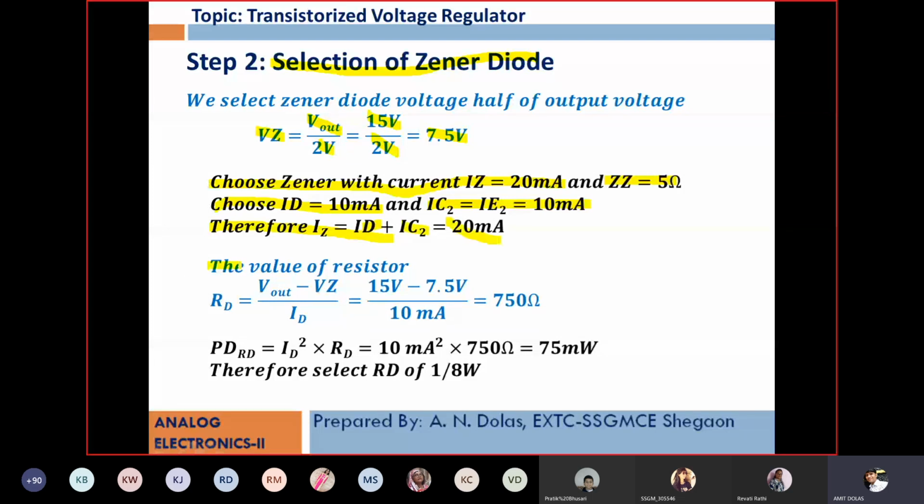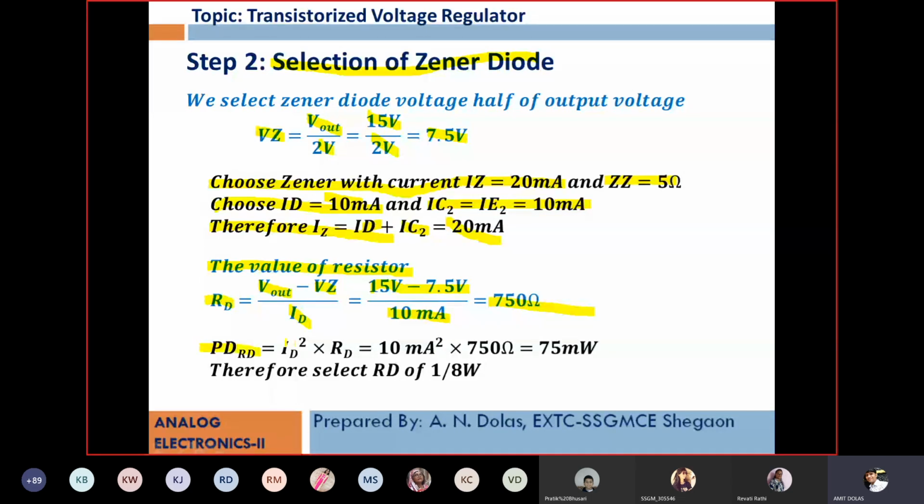So the value of resistance RD is V out, the upper end of RD, minus VZ, the lower end of RD, that is the drop across RD, divided by the current through RD, which we already assumed as 10 milliampere. So 15 minus 7.5 divided by 10 milliampere is 750 ohm, which is RD.